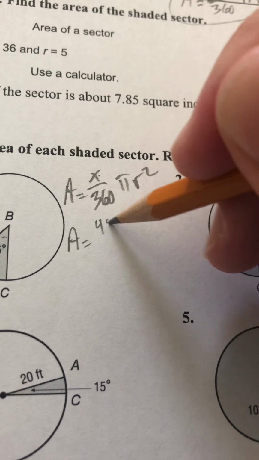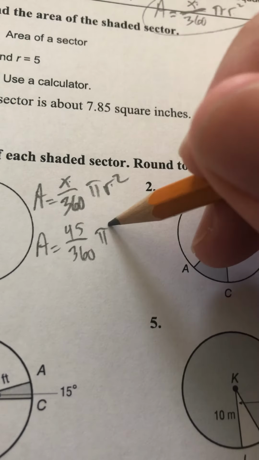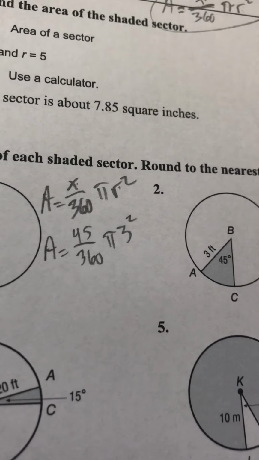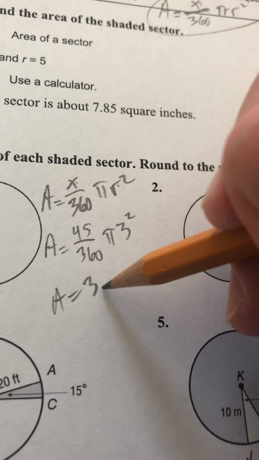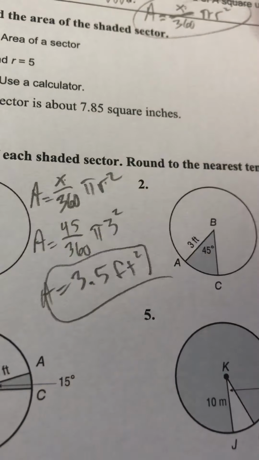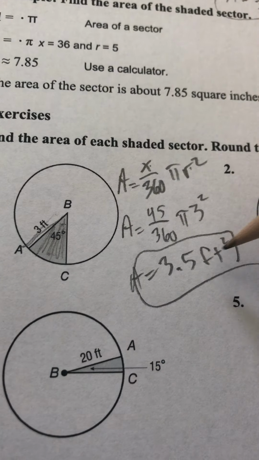It's 45 divided by 360 pi. We know what r is. It's 3. Don't forget the square. You leave off that square, you're going to get the whole problem wrong. So I typed this whole thing in the calculator, and I got 3.5 feet squared. So that's how much square feet that sector is.